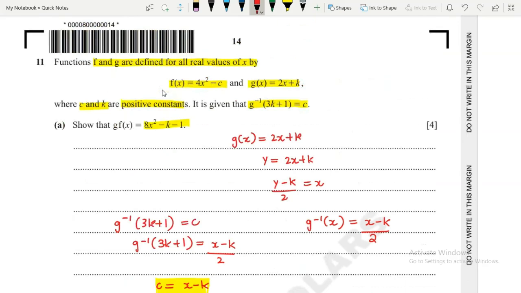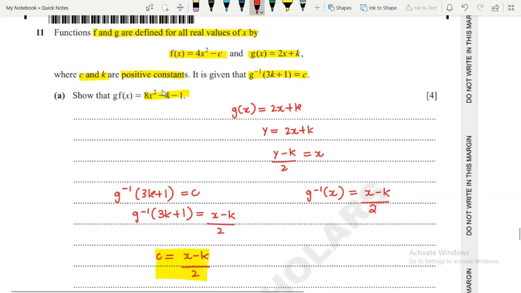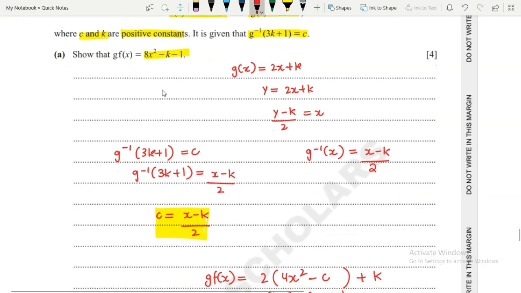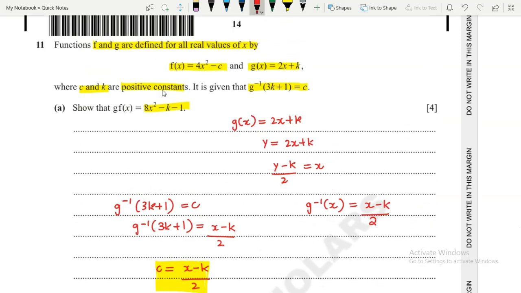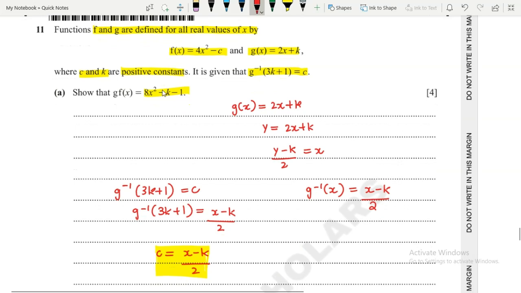Was g inverse of x correct? Let's just check. 2x plus k, the k goes to the left hand side, y minus k over 2. g inverse of x will be x minus k over 2, and it is equal to c. So we have made c the subject.